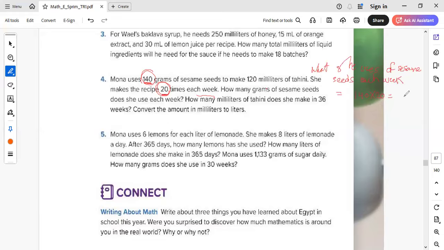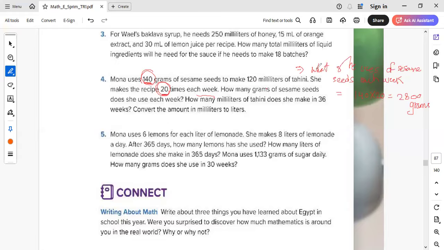If we multiply, we have to drop the two zeros at first, then 4 multiplied by 2 equals 8, and 1 multiplied by 2 equals 2. So the amount is 2,800 grams of sesame seeds. It's the first step. So what is the second step? What she makes of tahini in a week?